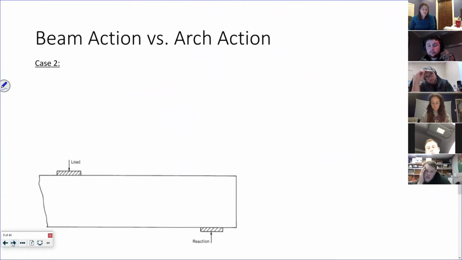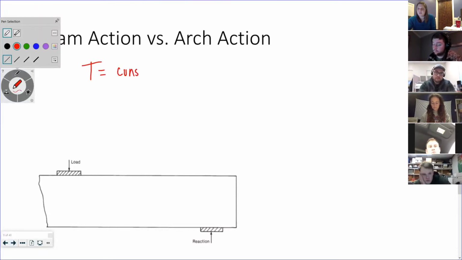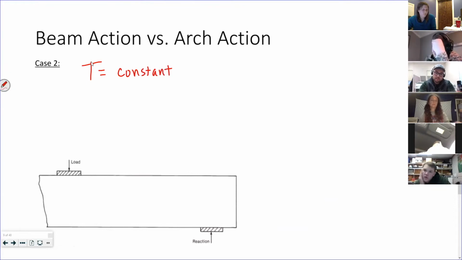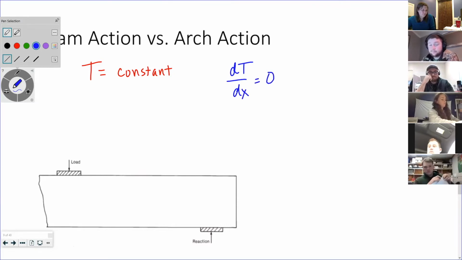So now what if the tensile force is a constant? My derivative of that is 0.